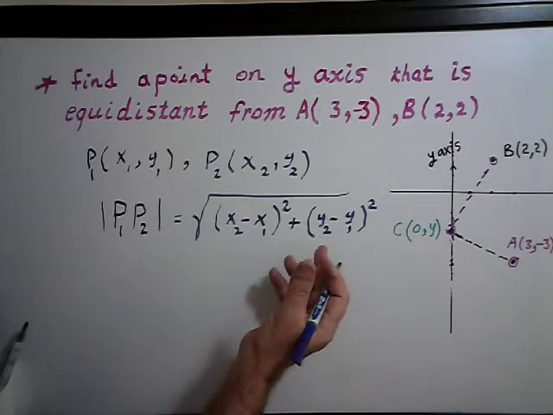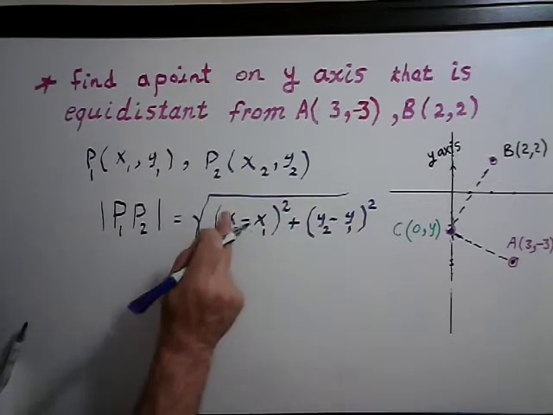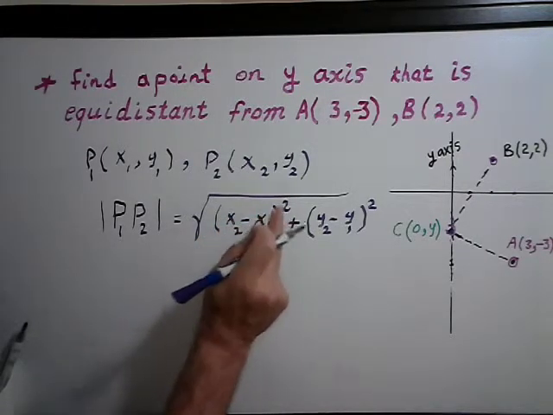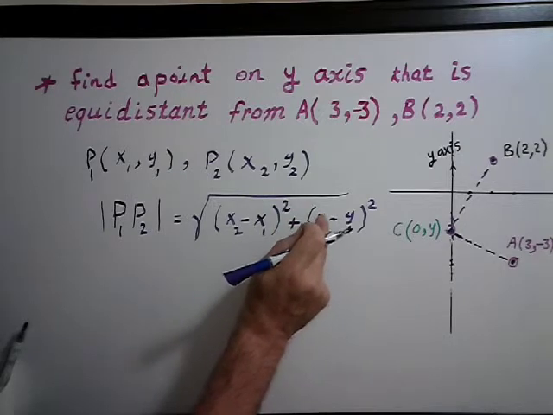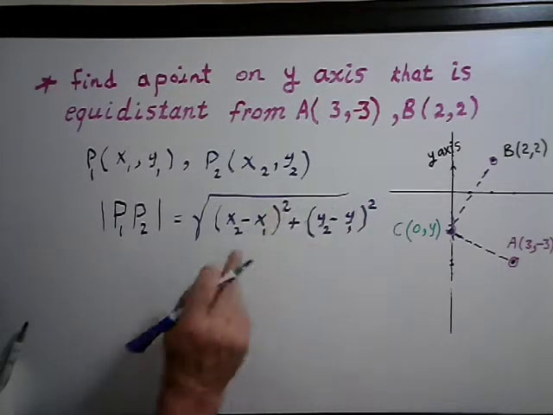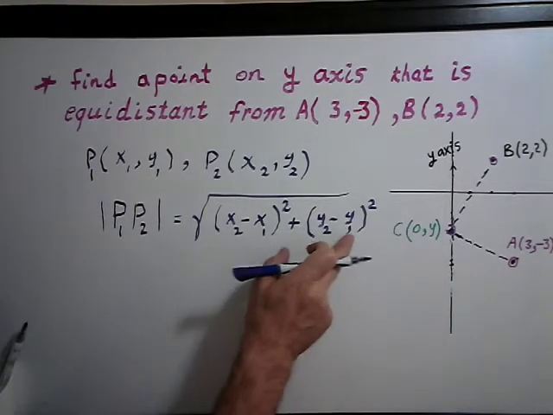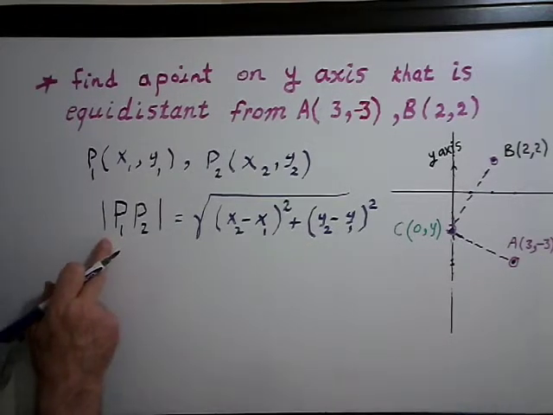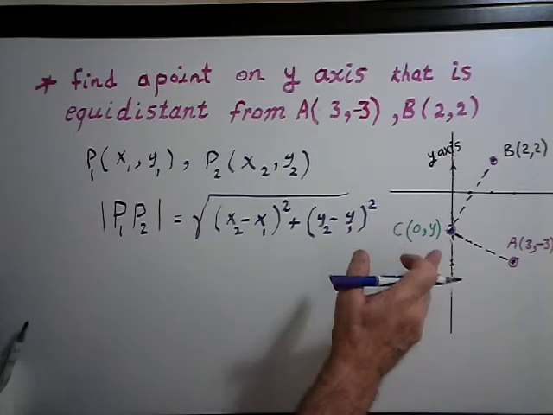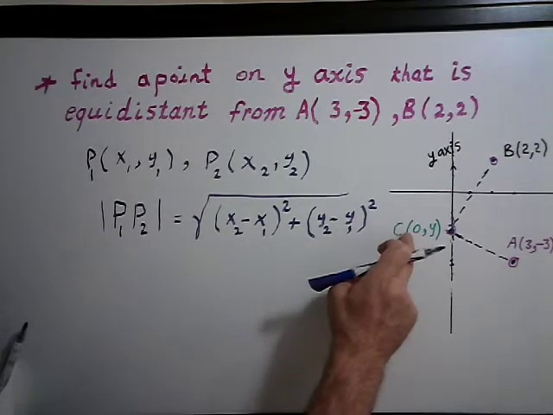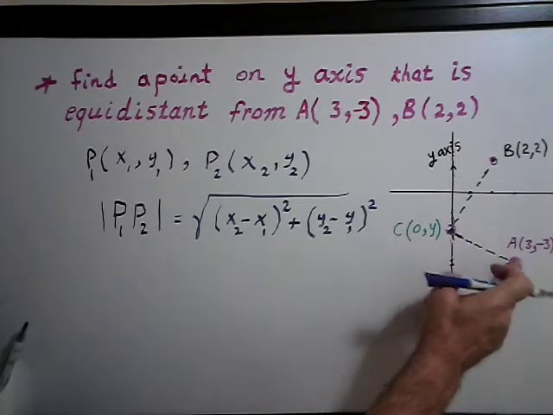Or I can write it in a different shape, starting with x1 here, so x1 minus x2 squared plus y1 minus y2 squared. It's the same meaning. Okay, according to this rule, we will look at how to find this point which is at equal distance from A and from B.